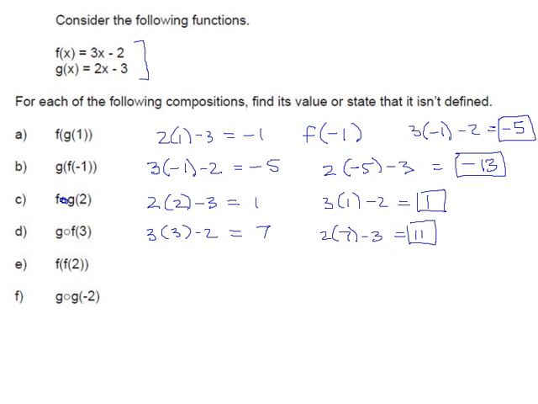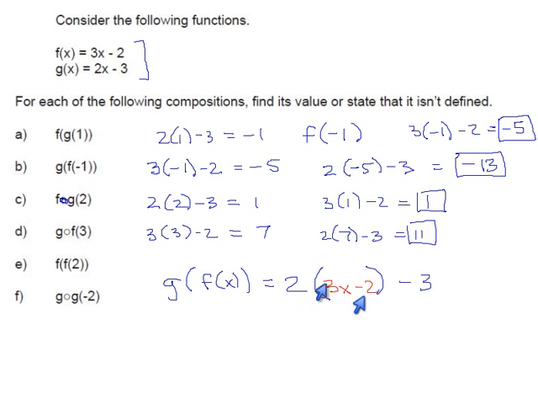This sounds like a good time to do another algebraic one, so I'll show you how to do this using the substitution method. If we're doing here g of f of x, function g is 2 times whatever you're plugging in minus 3. And what we're plugging in this case is the function f, 3x minus 2.